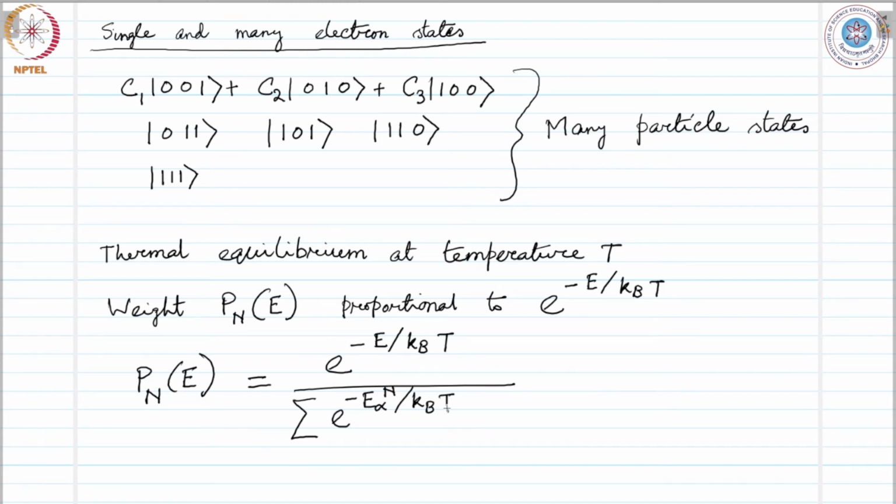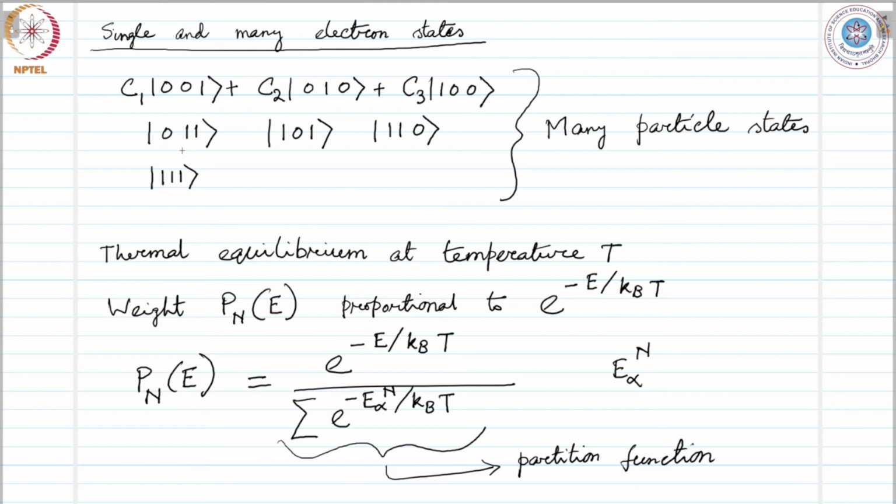This entire sum is the partition function, as you have already learned in your statistical mechanics course. And this E alpha n is the energy of the alpha-th stationary state of the n electron system.